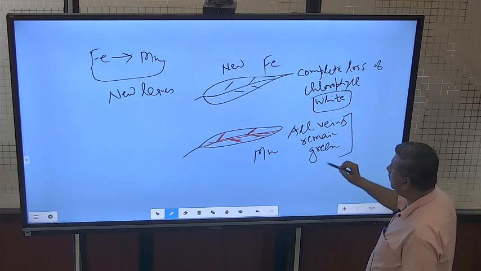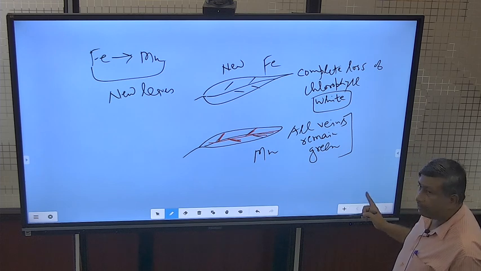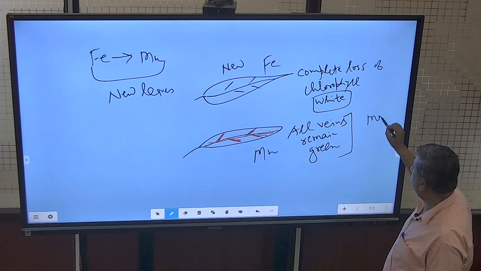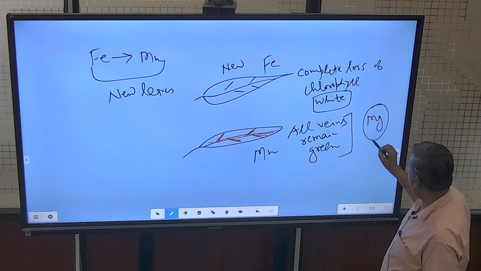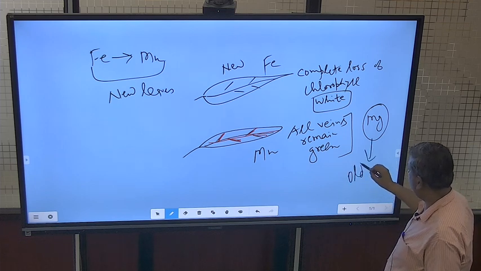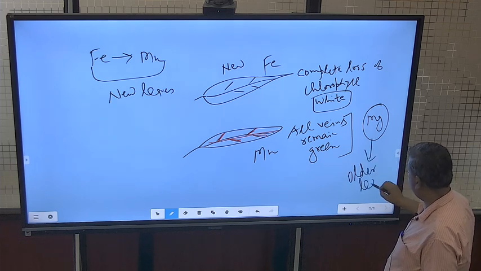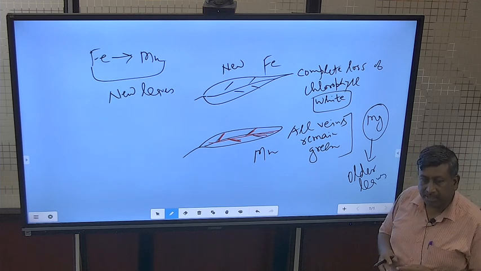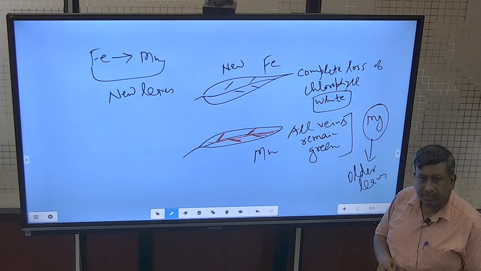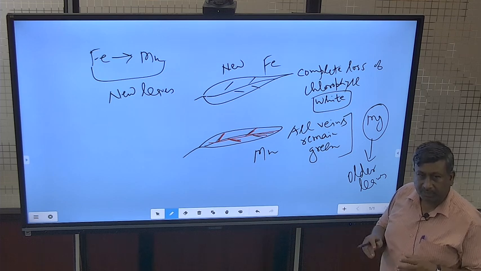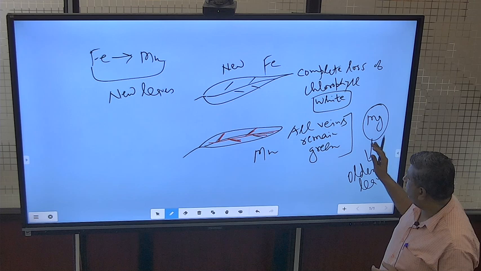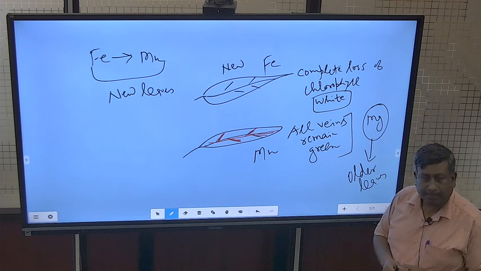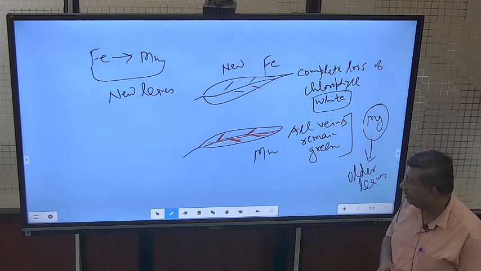This is also the characteristic of magnesium, but magnesium deficiency is in older leaves. So, manganese and magnesium deficiency symptoms are similar, interveinal chlorosis is there, but magnesium deficiency symptoms occur in older leaves and manganese in new leaves.